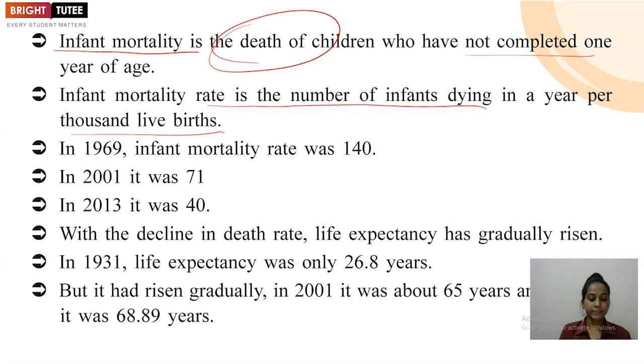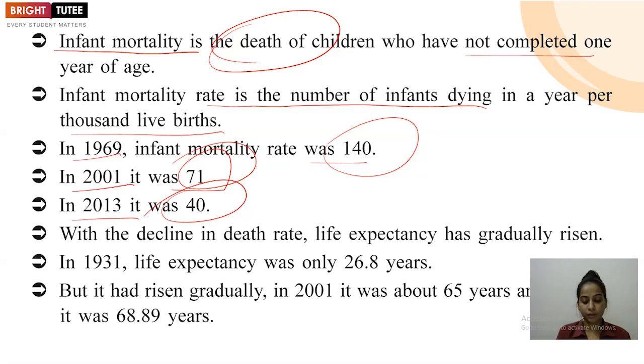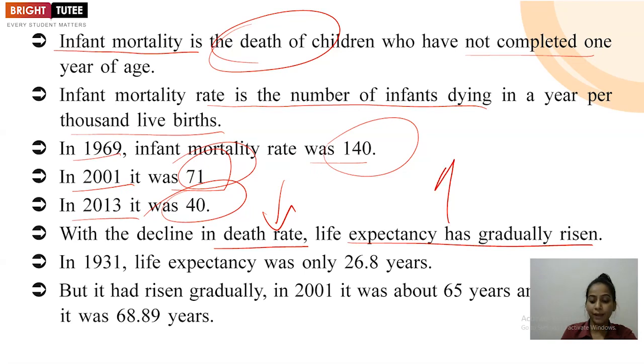Clear? In 1969, the infant mortality rate was 140. In 2001, it reached 71, and further it declined to 40. With the decline in death rate, life expectancy has gradually risen. When the death rate was declining, life expectancy increased, meaning the chances of people surviving for a longer period started increasing because of the better health facilities they started getting.